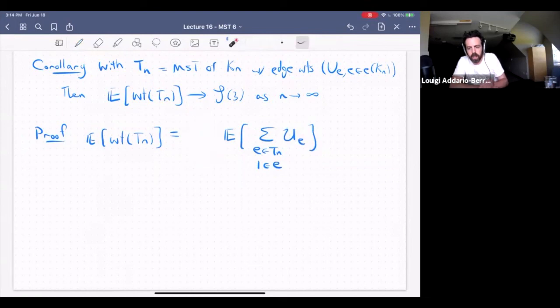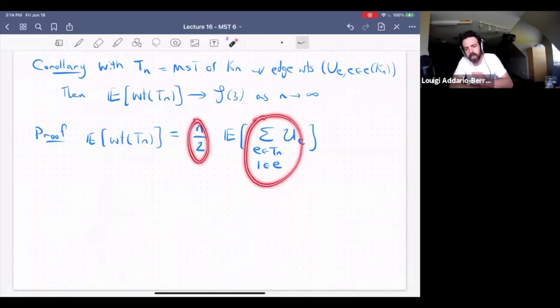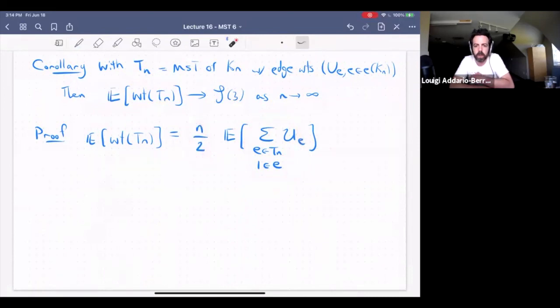Now by symmetry, each vertex has the same expected weight incident to it in the minimum spanning tree. So this quantity here doesn't depend on which vertex I choose to look at. But if I sum this over all n vertices, then I'm going to count each edge twice, once from each end. So if I sum over all n vertices, I get twice the total weight of the minimum spanning tree, and that means that if I only sum over one vertex, I get 2 over n times the total weight of the minimum spanning tree.